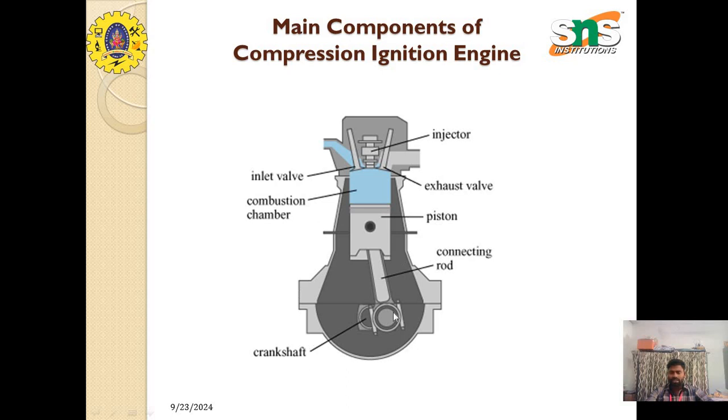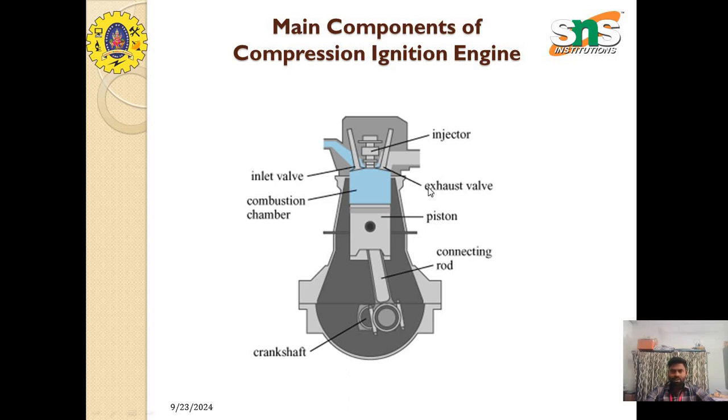These are the major components present in the compression ignition engine, other than the accessories. In the SI engine we used a spark plug to initiate the ignition process, whereas in the CI engine we have an injector. This injector injects the fuel during the expansion stroke or power stroke.